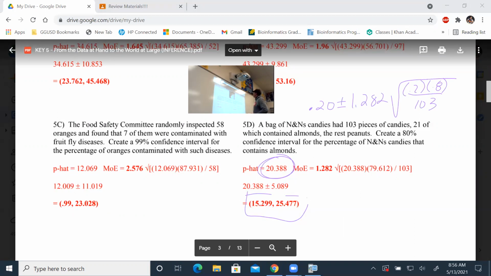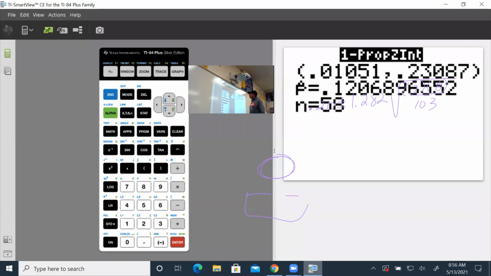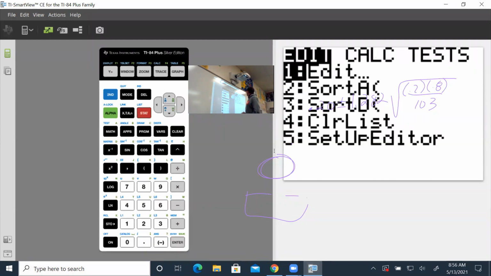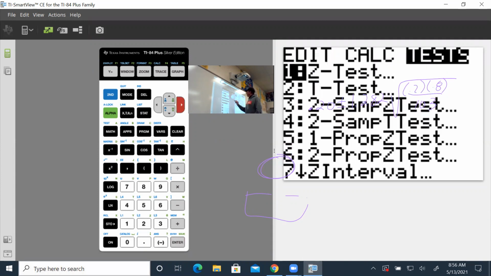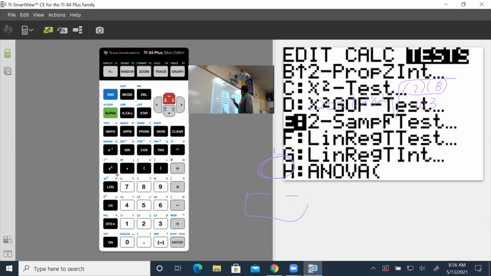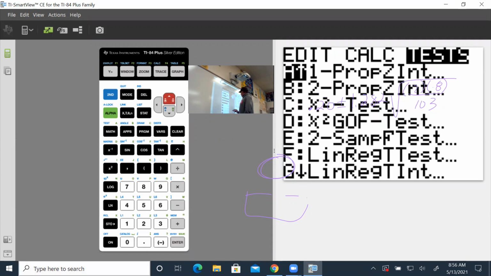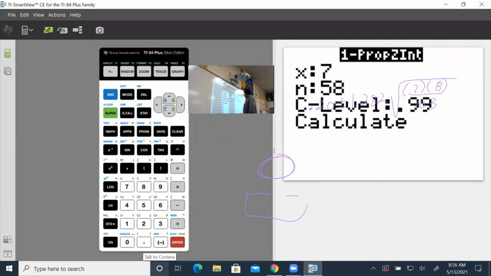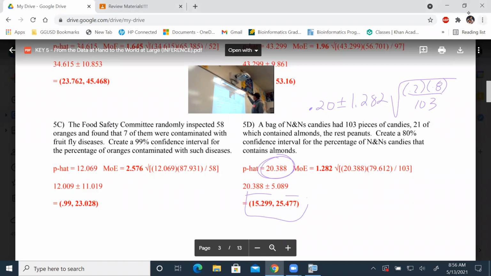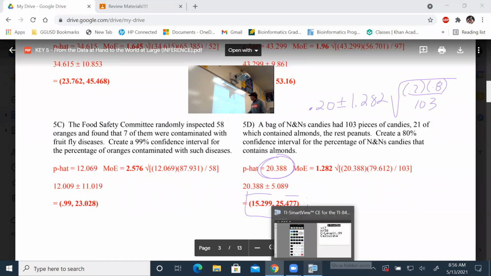Let's go ahead and do it, okay? So let's go back to the calculator. I'm going to go stat over to tests, and I'm going to do One Prop Z Interval. Got the numbers already. 21 out of 103 at 80%, right?